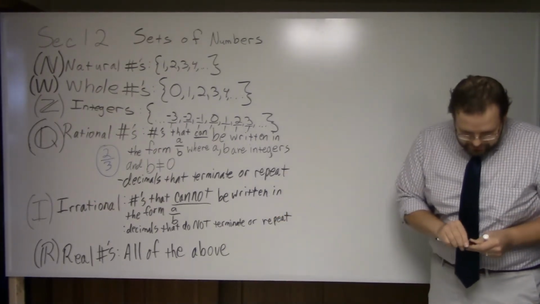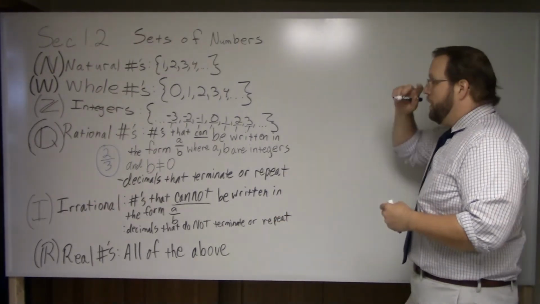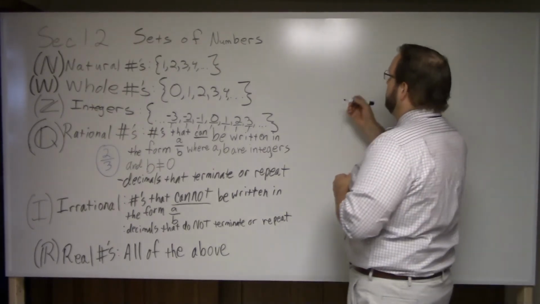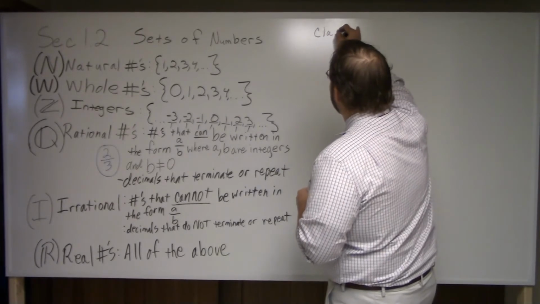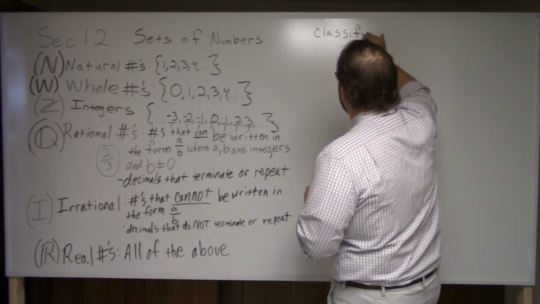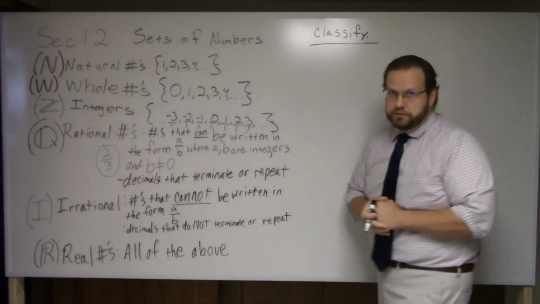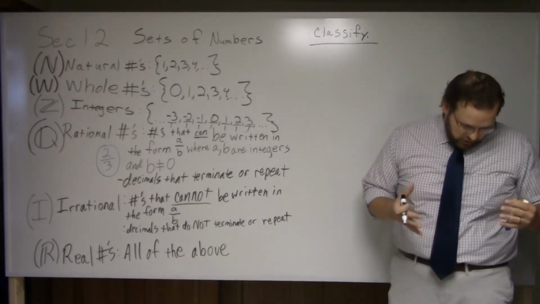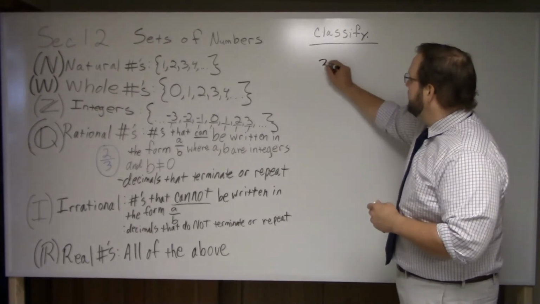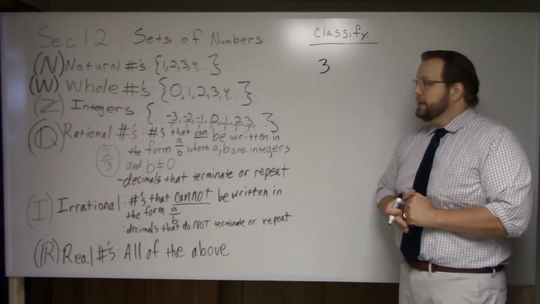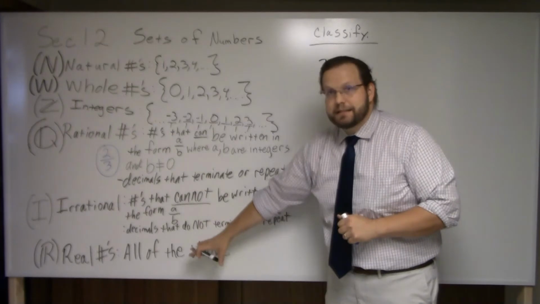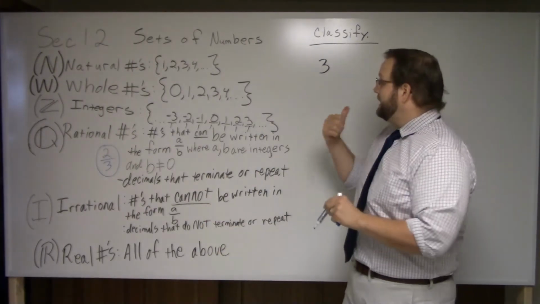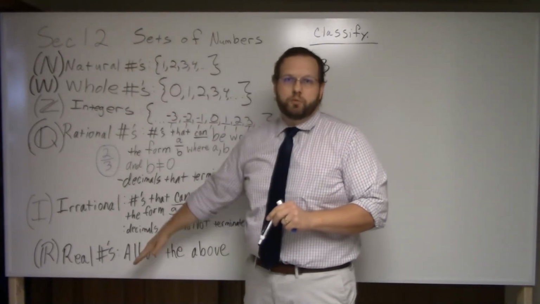Okay. Next, let's talk about some applications of this. What kinds of questions they typically ask in this section, and what I want you to be able to do is to classify certain numbers. Okay. When I say classify, what set do these numbers fall in? So let's start with something simple. Let's say 3. Okay. Now, I like this list as it's written because it builds upon itself. Whenever you're trying to classify, start from the top and work your way down.